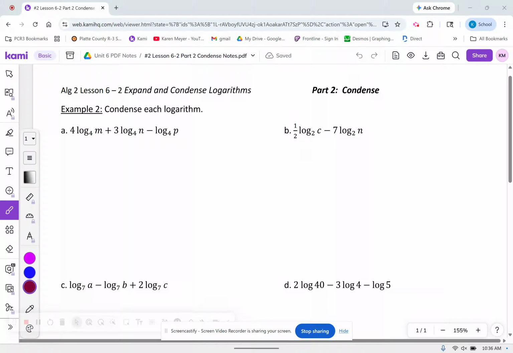Okay, in 6.2, part 2, for expanding and condensing, we are going to look at condensing. Now, remember the three properties we talked about in part 1. For condensing, we're going to start with the last property first.